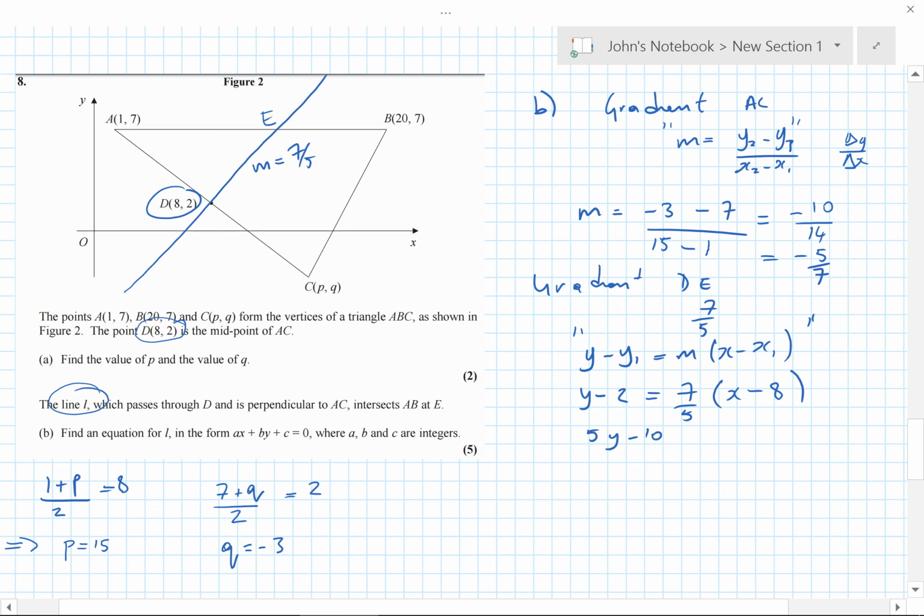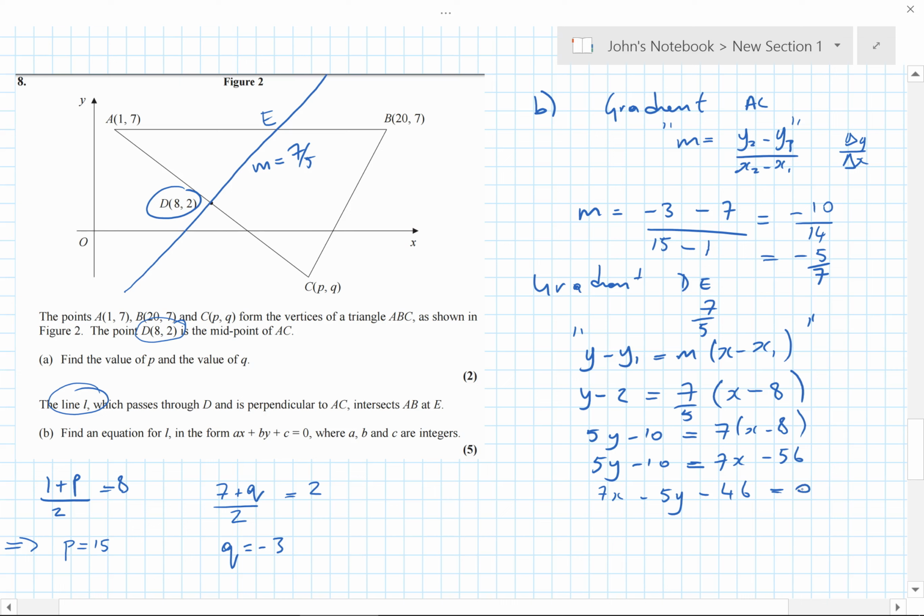Multiply that out by 5: 5y minus 10 is equal to 7x minus 56. So that gives us 7x minus 5y minus 46 equals 0.